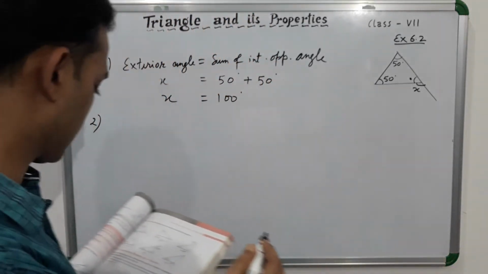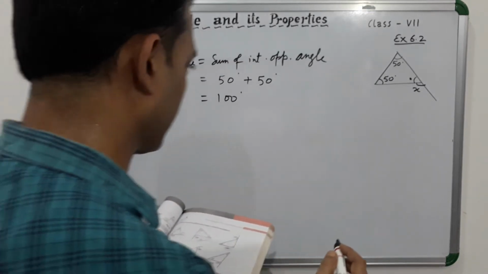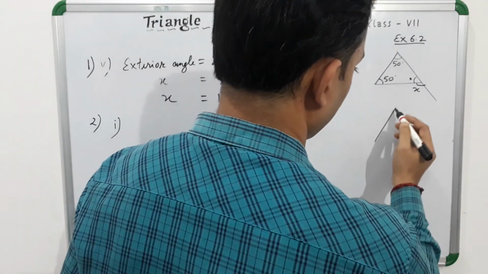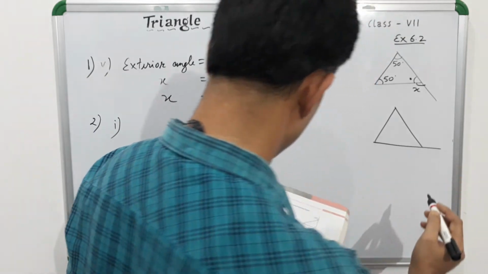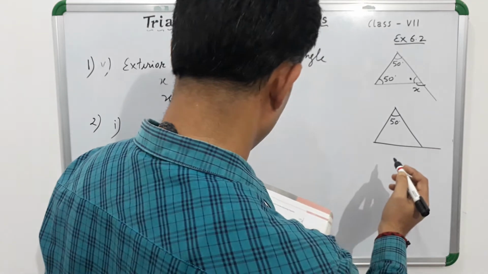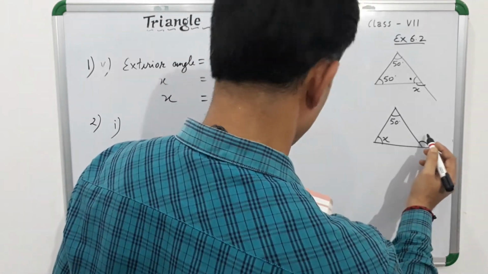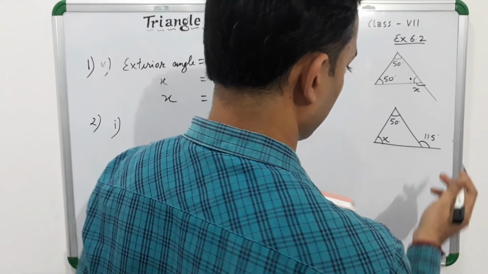In question number 2, we will do the first part right now, and the figure is made like this, where this is 50 degree, this is x, and this is 115 degree.